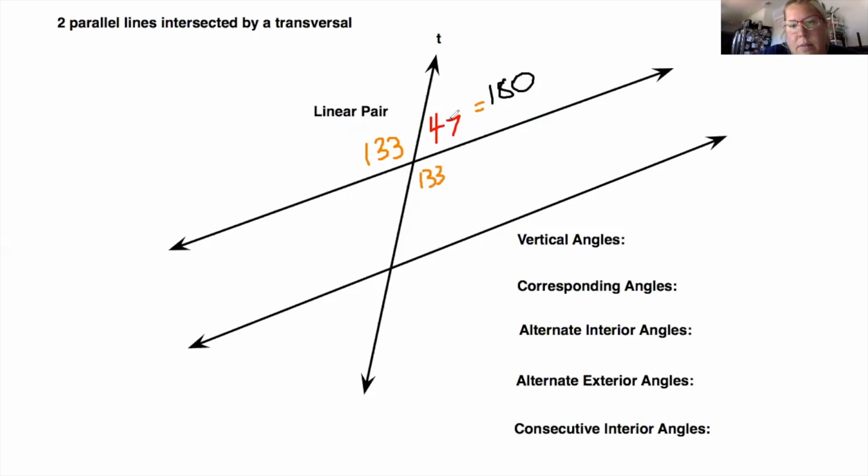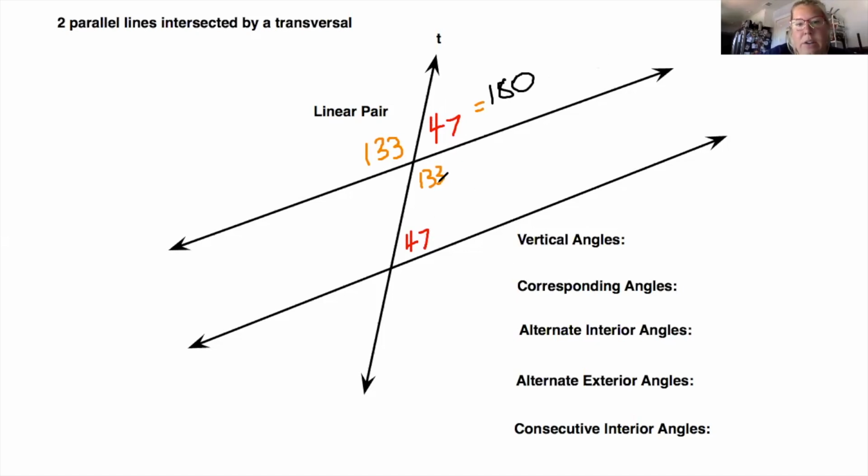Similarly, let's stop right there, okay? So we have these vertical angles are 133. Corresponding angles, well, this angle corresponds with this angle. So this angle is congruent to that angle. So they're both equal to 47. Okay.